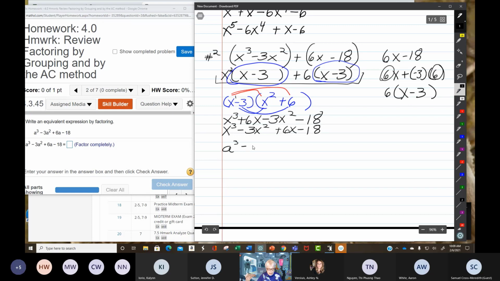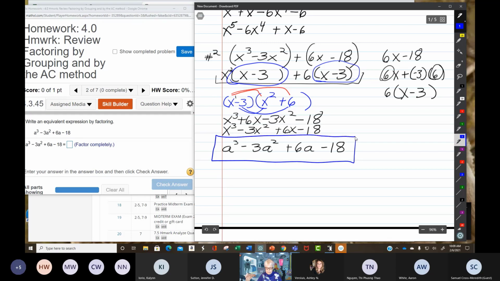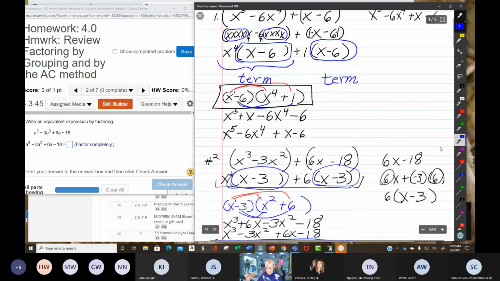A to the 3rd minus 3a squared plus 6a minus 18. And I'm going to put that in a blue box, because that is going to be your answer. And I should have written this in a blue box, but I wrote it in a black box.